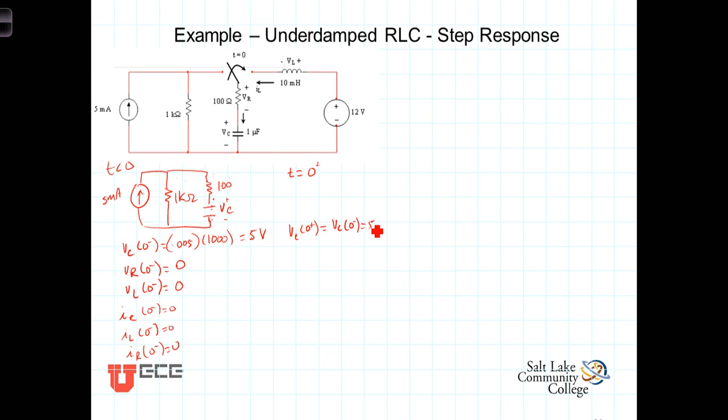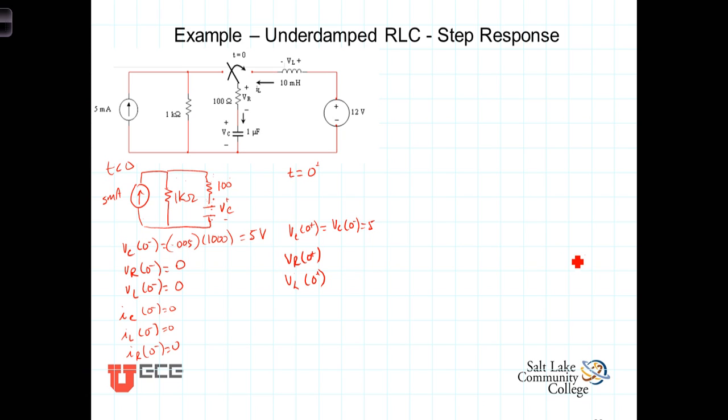Now, the voltage across the resistor at 0 plus and the voltage across the inductor at 0 plus won't necessarily be what they were right before the switch, because when the switch changes, voltage across the resistor and voltage across the inductor can and frequently does change instantaneously. So how are we going to go about getting it?